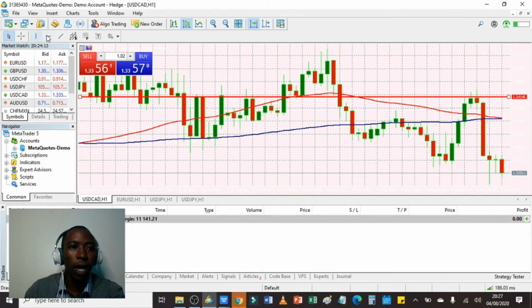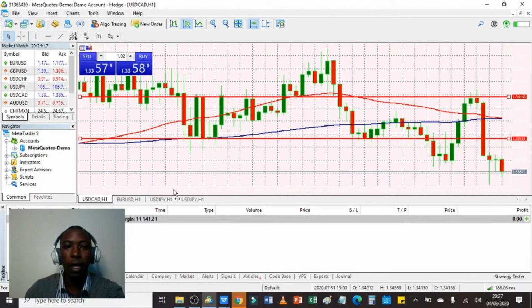The closing price is at the bottom. And as I said earlier, the lowest price is also at the bottom and the highest price is at the top. For the bullish candle, the opening price is down here, and the closing price is up here. The lowest price is down here and the highest price is up here.